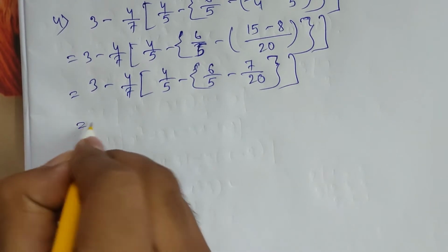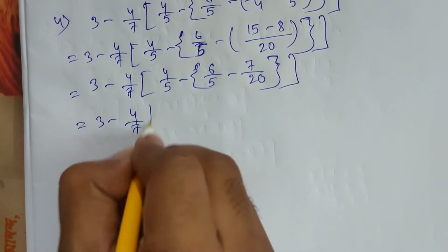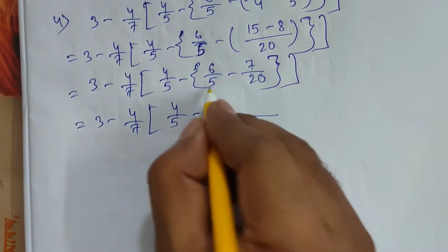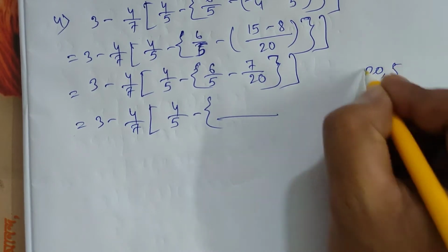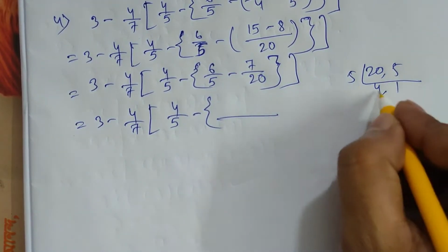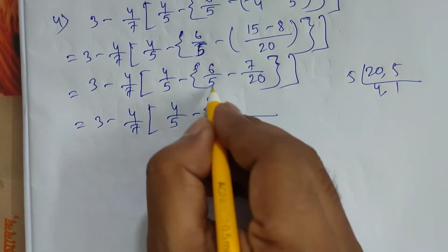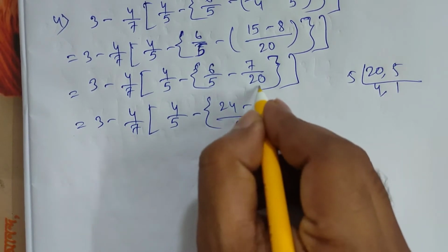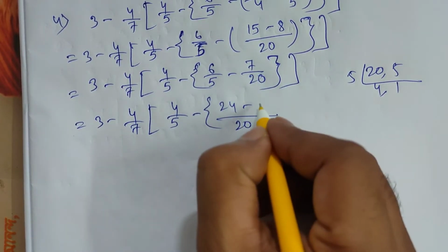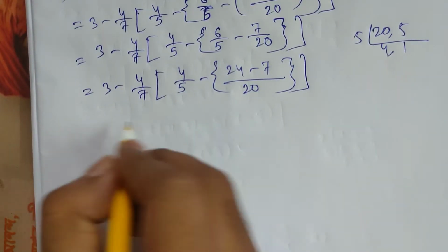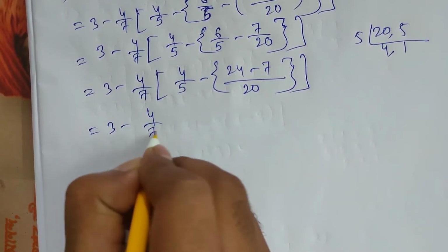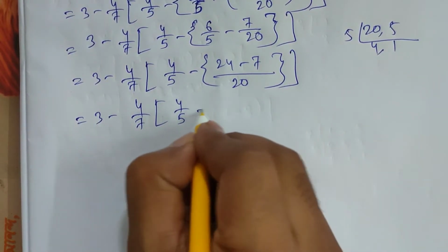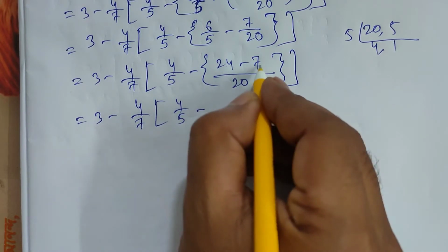Then next, 3 minus 4 by 7, 4 by 5 minus, so what is the LCM of this 20 and 5? 5 fours are 20 and 5 ones are 5, so 20 is the LCM. 4 fives are 20, 4 sixes are 24, 24 minus 20 divided by 20, that means 1, 1 multiplied by 7, that means 7. 3 minus 4 by 7, then 4 by 5 minus 24 minus 7, what will be?